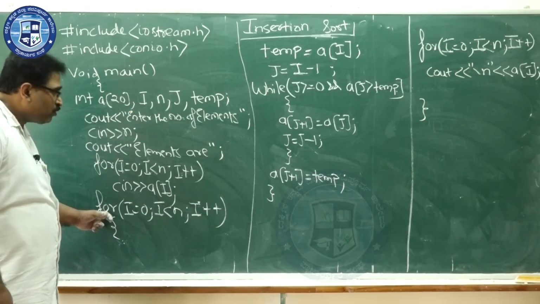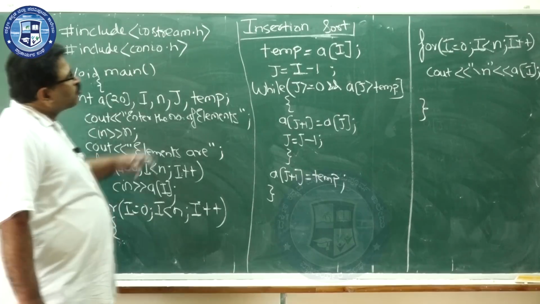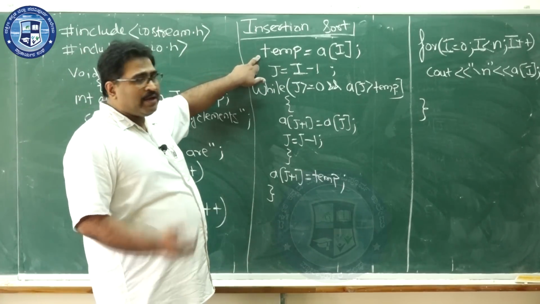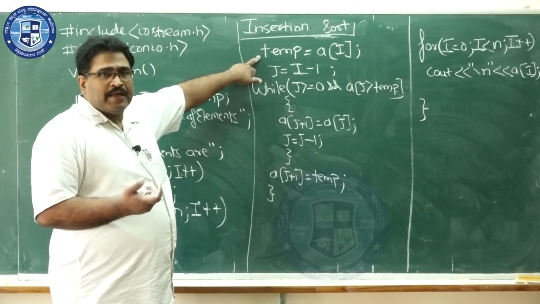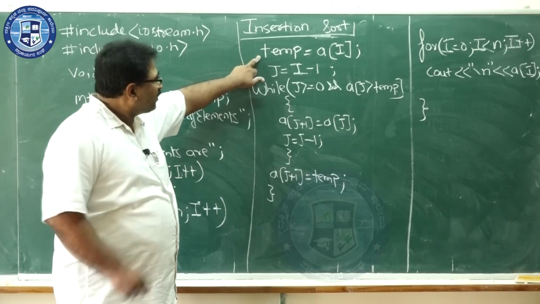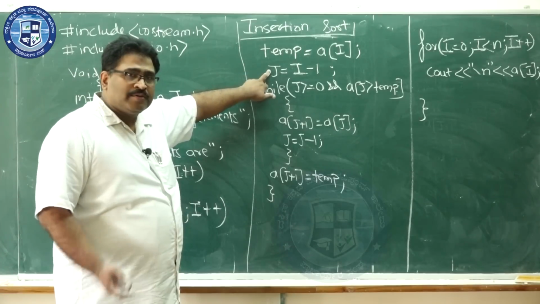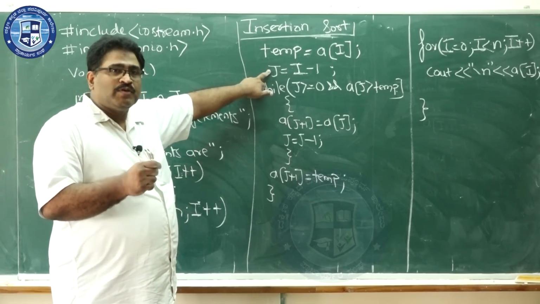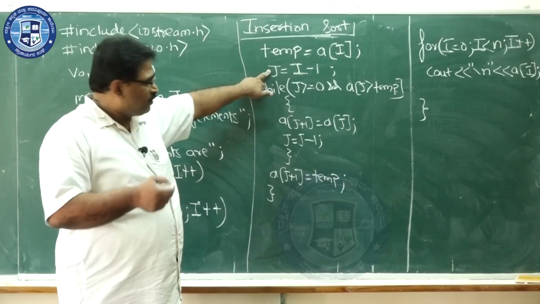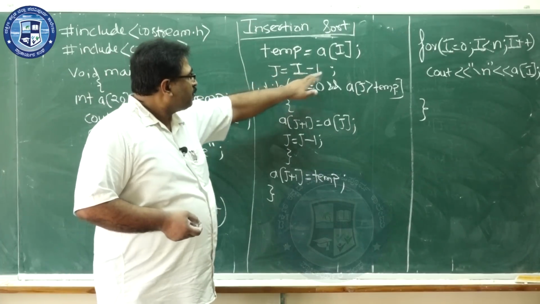And now from here onwards, it's the processing. So this is what we have seen. Temp is equal to A of I. That means whatever is there in A of I, we are transferring it into temp. Then we have given the position for j. The position for j will be 1 lesser than I, so it starts from I minus 1.